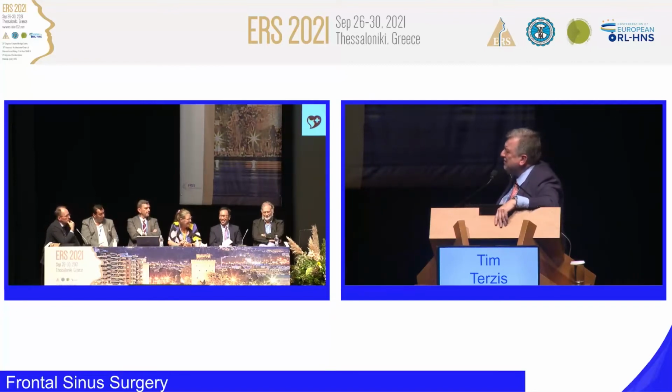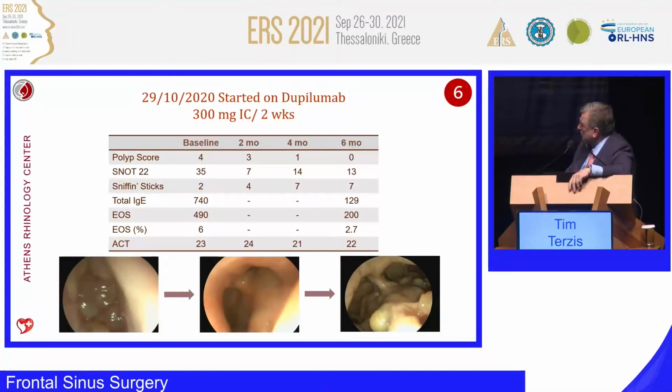And now we have 16 patients on dupilumab, doing very well, all of them. We're following the course very closely, and hopefully we'll be able to publish it shortly.